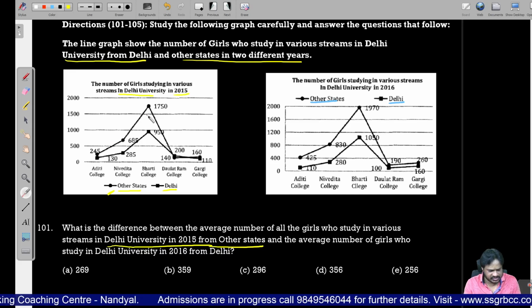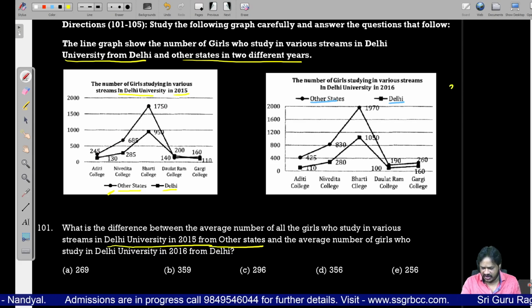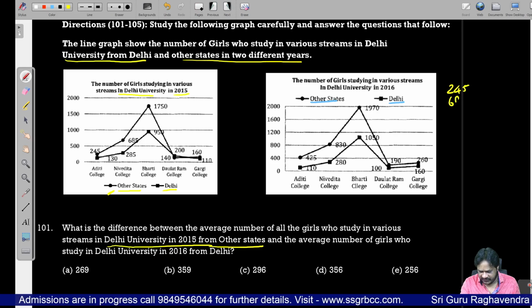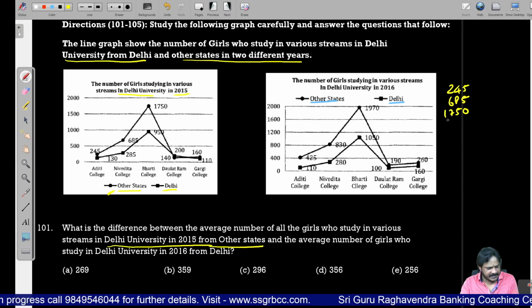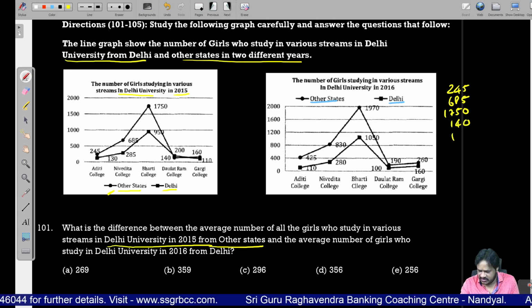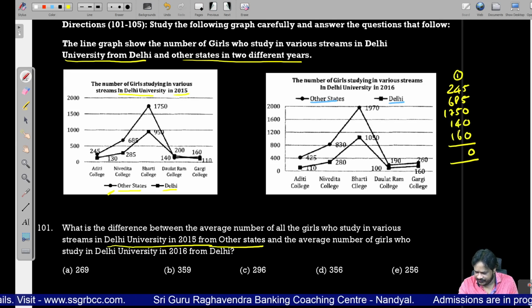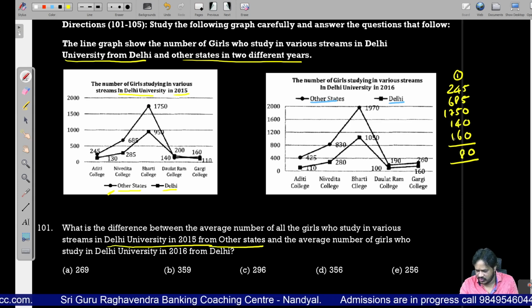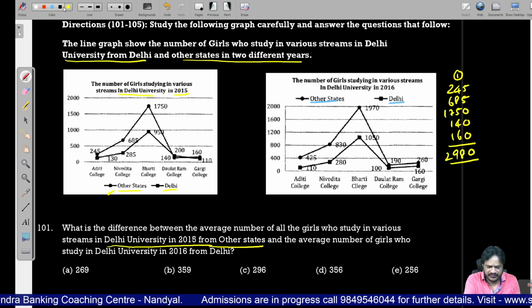All dot values we should add: 245, 685, 1750, then 140, the last one 160. If you do the total, it is 2980.